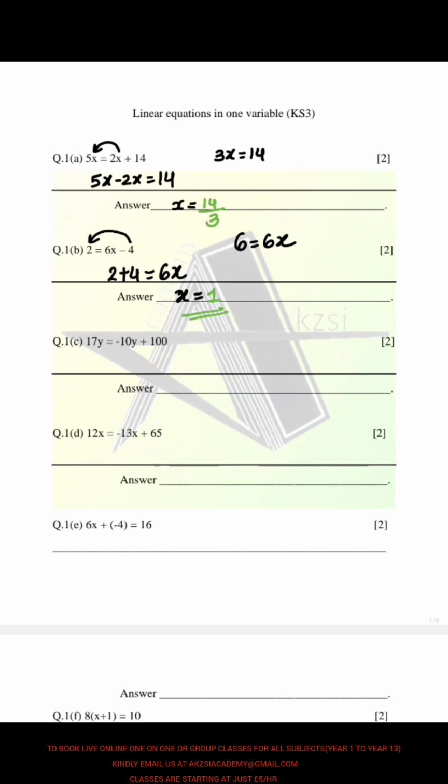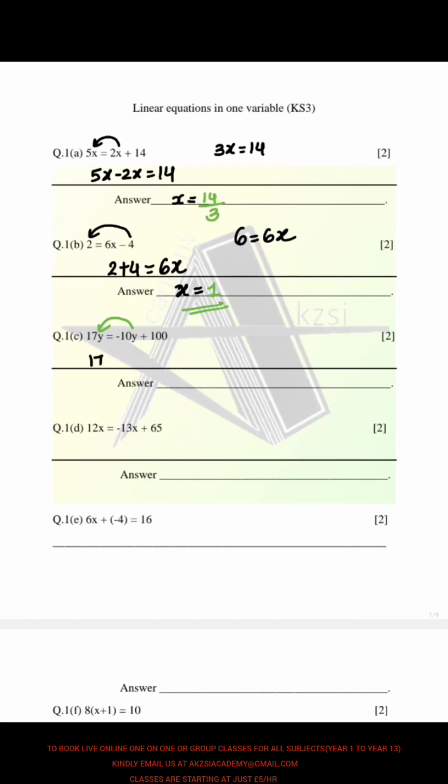Now moving on to the next question. So the third one is 17y equals minus 10y plus 100. Let me transpose it onto the left hand side. It will give me 17y plus 10y, because on transposing the sign changes.